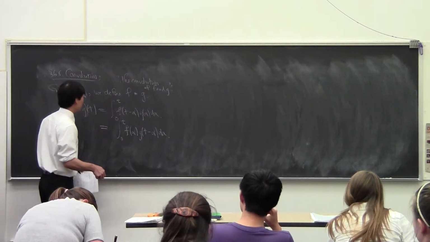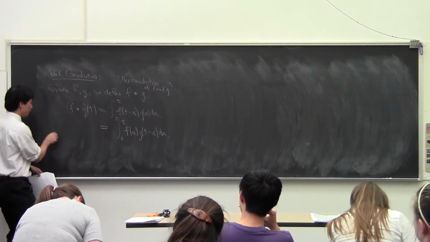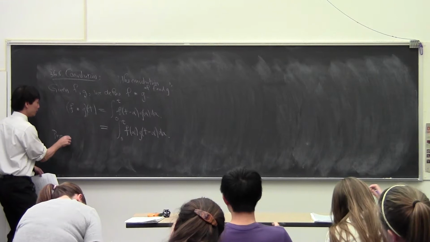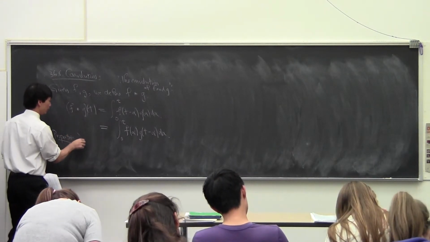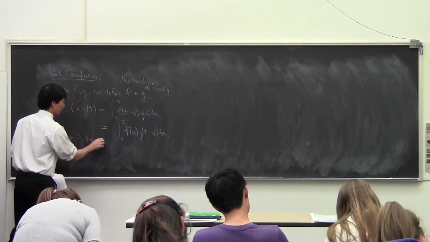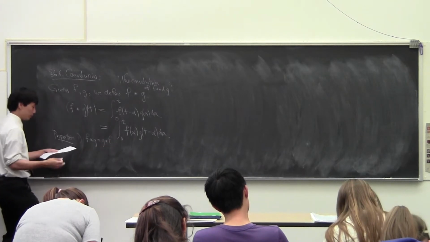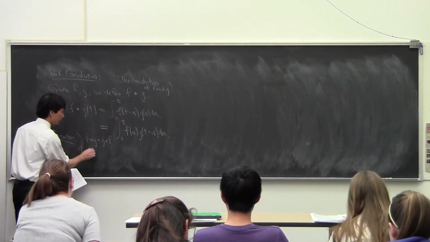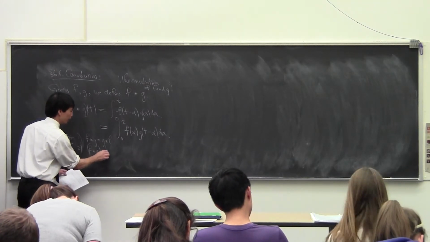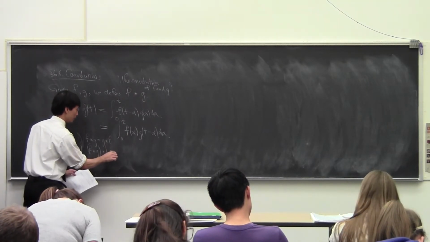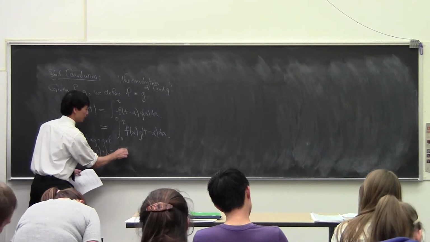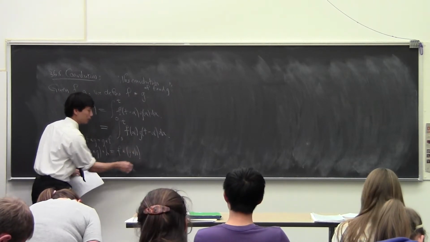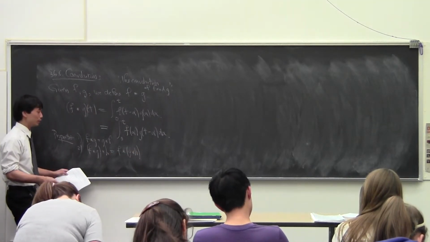So it turns out that convolution has some properties. One, it doesn't matter in which order you convolve. Two, if you convolve two functions and then convolve them against a third, it's the same thing as convolving one function against the convolution of the other two.